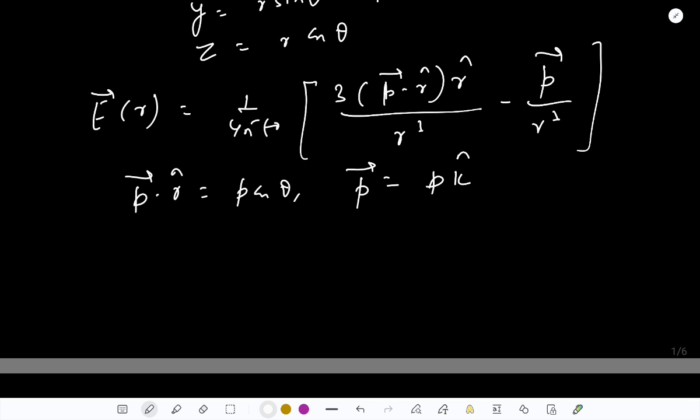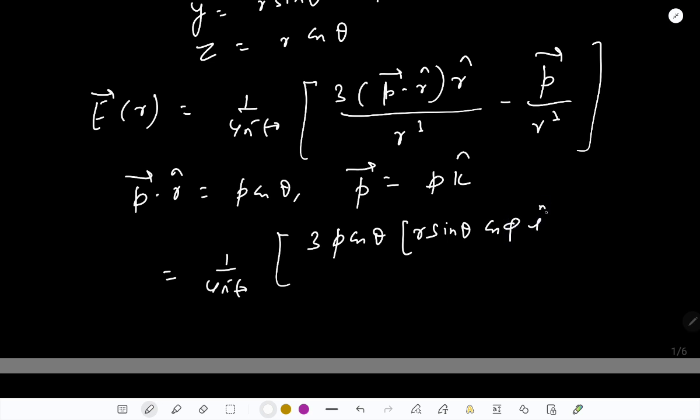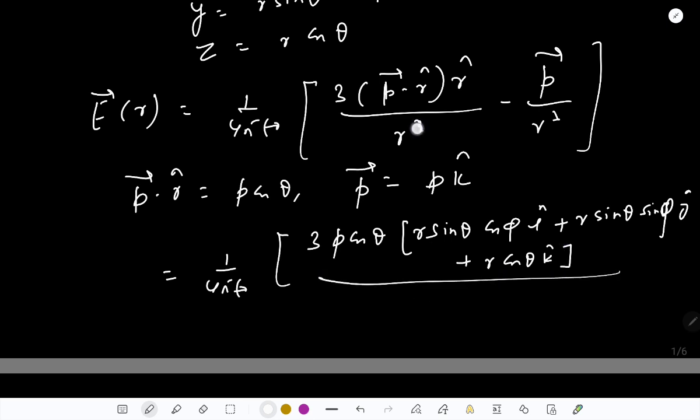So E simply becomes 1 upon 4 pi epsilon naught, 3 p cos theta times the unit vector r, written as r sin theta cos phi i cap in place of x, plus r sin theta sin phi j cap plus r cos theta k cap, of course divided by r cube multiplied by r, and r can be cancelled from here, and minus p k by r cube, since vector p was p k.